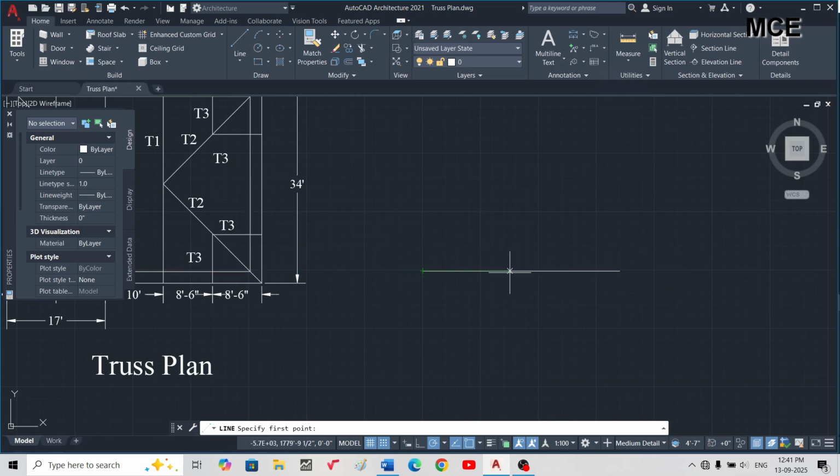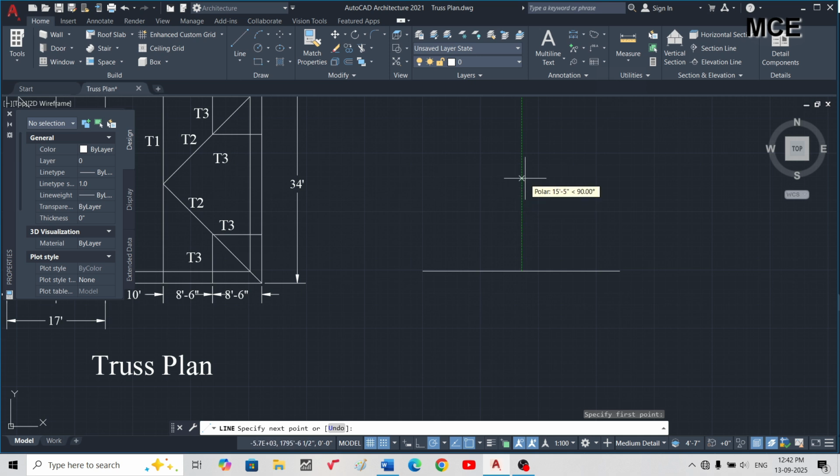So at 17 feet you will draw a vertical line whose length should be, since I'm taking the rise as 6 inch in 1 feet, for 17 feet the rise will be 8 feet 6 inch, that is half of 17 feet.